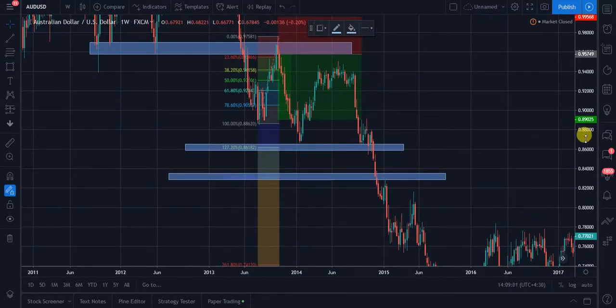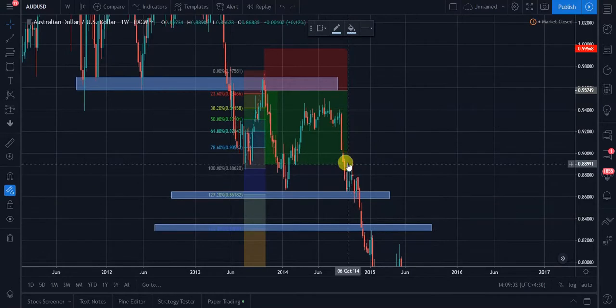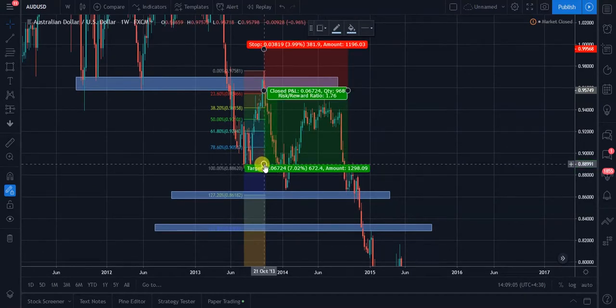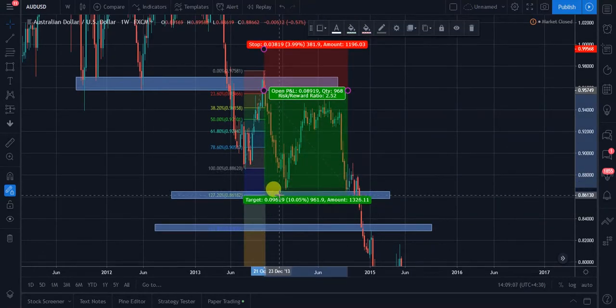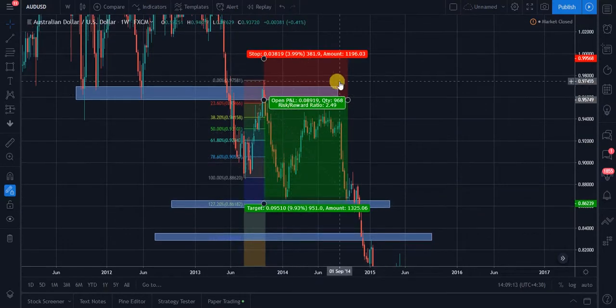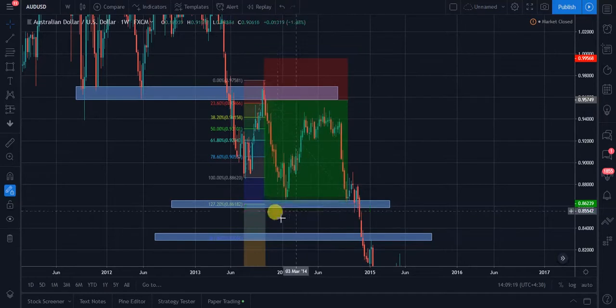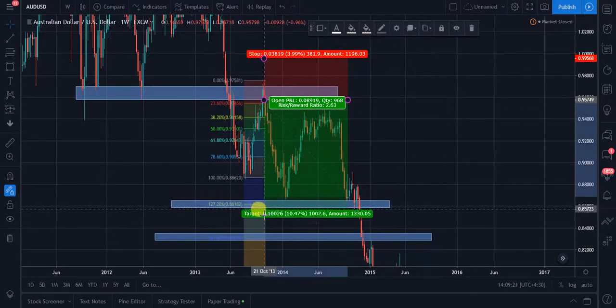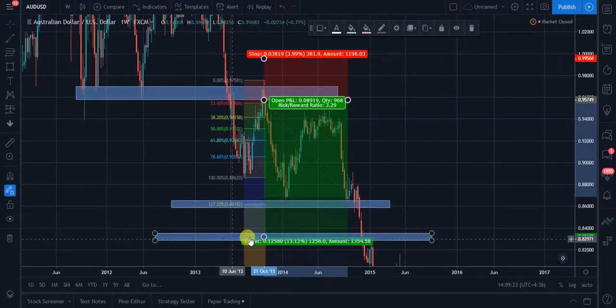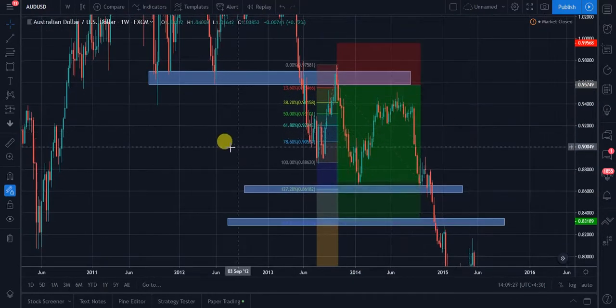By using this tool, we can easily identify and plan our trade, and also turn our trade into a great risk to reward. For example, this risk to reward is 1 to 2.5. That's a great risk to reward. Also for the 161% Fibonacci extension it is 1 to 3 and more.